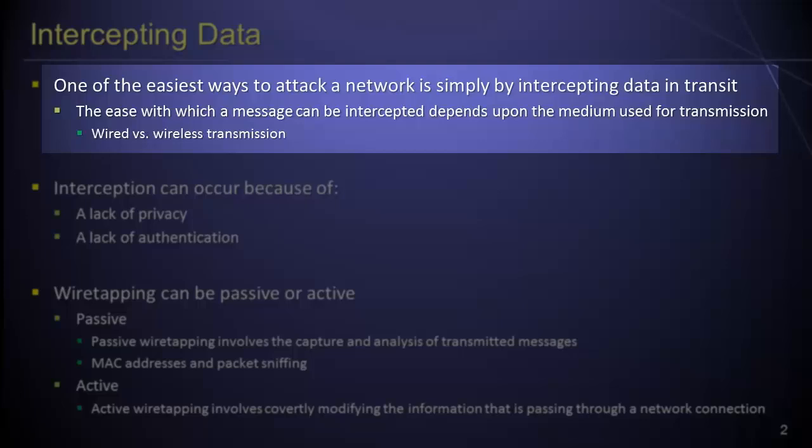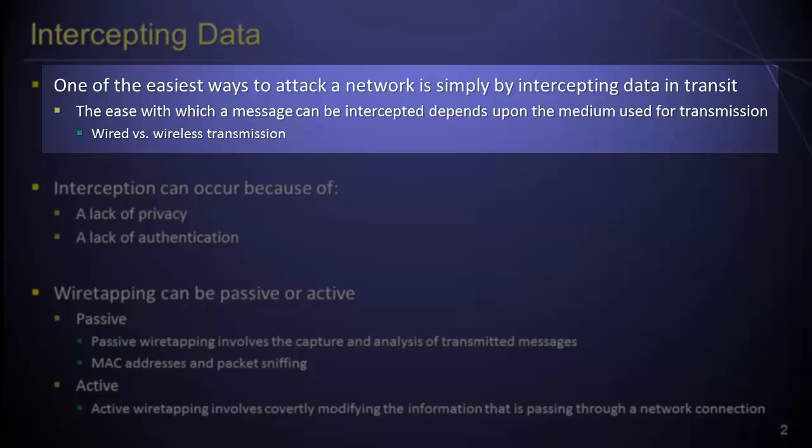Although there are many legitimate, non-malicious reasons for capturing or manipulating data in transit, security personnel must seek to protect the confidentiality and integrity of messages in transit by taking steps to prevent those messages from being captured or manipulated by malicious parties.